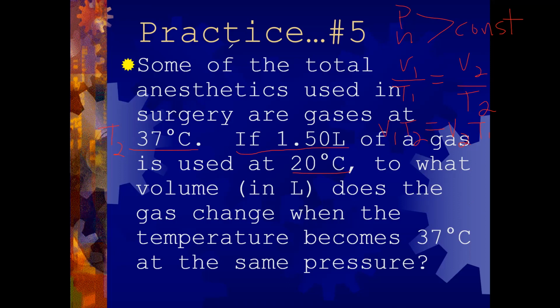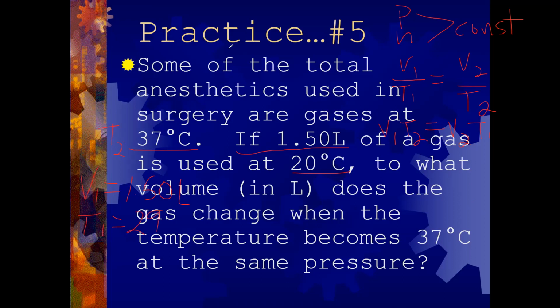Okay, so we have V1. V1 over here is 1.5 liters. And then T1 is equal to 20. So 20 plus 273 is 293, right?